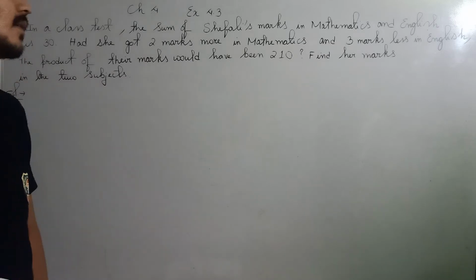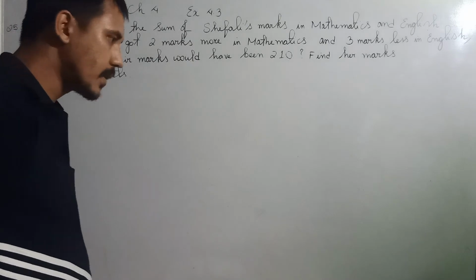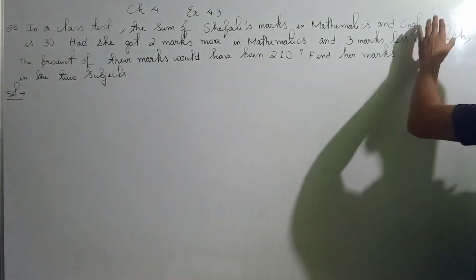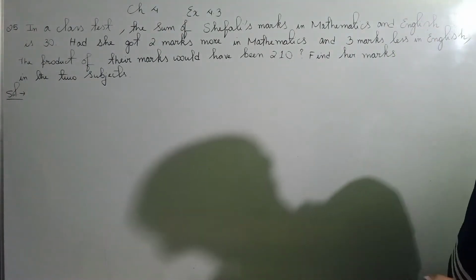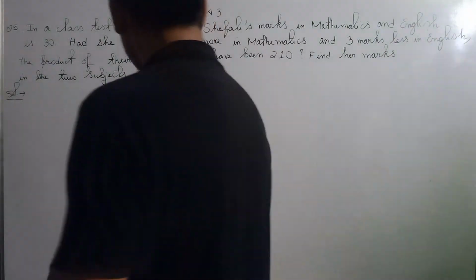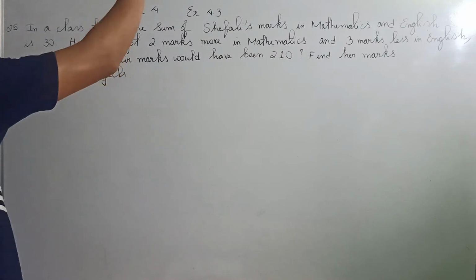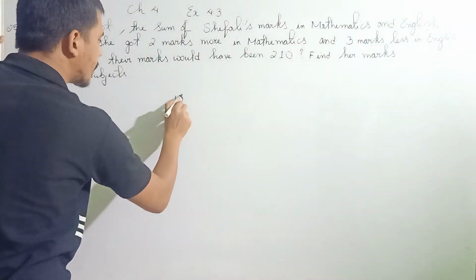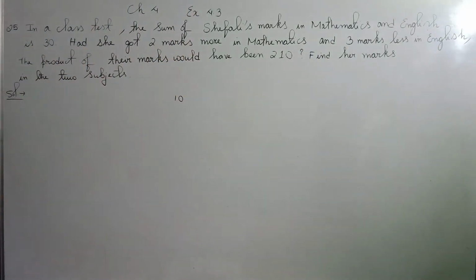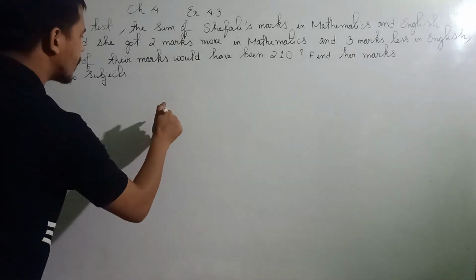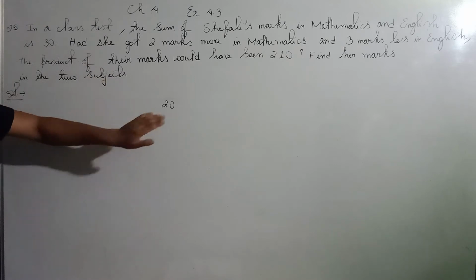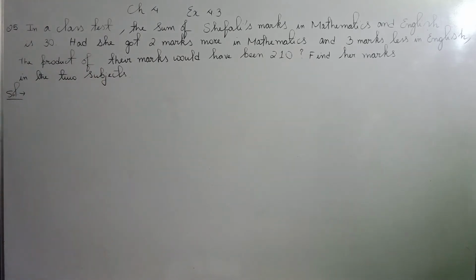The marks scored in mathematics and the marks scored in English, when she summed them up, is equal to 30. That means if Shefali got 10 marks in maths, then 30 minus 10, she would get 20 in English. If Shefali gets 20 in maths, then 30 minus 20, she will get 10 in English.